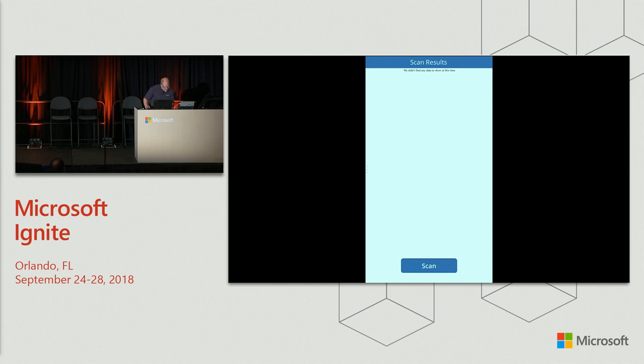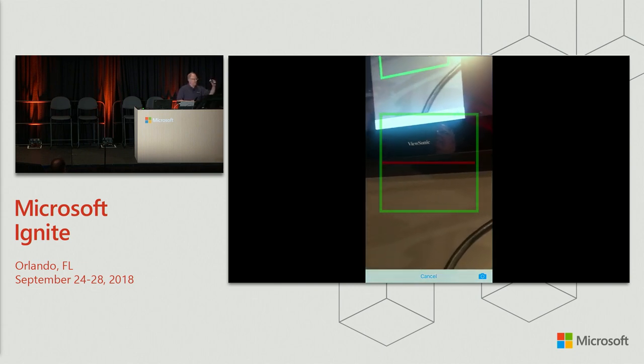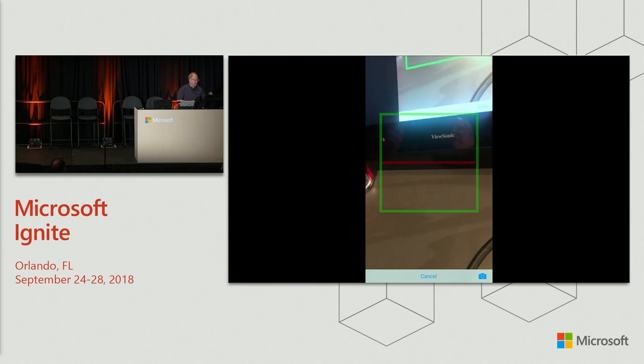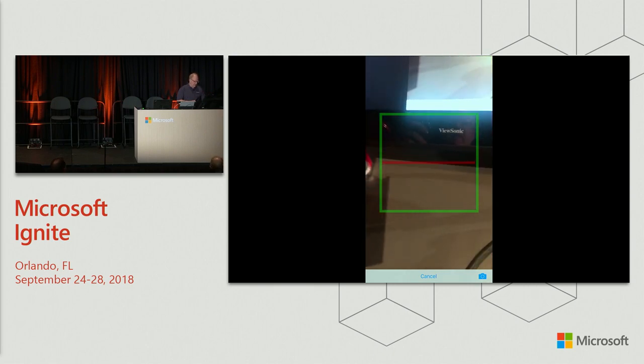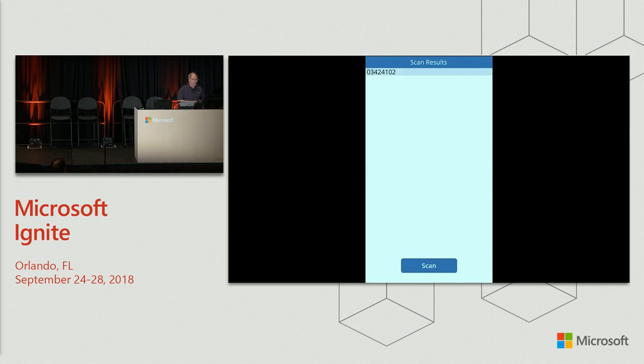Let me do it this way. So I'm going to press this button, which is going to call that function. It's going to fire up this new scanner, and I've got some barcode scans, some not so easy to read ones up here. I've got a chocolate bar UPC. No problem, and very fast.